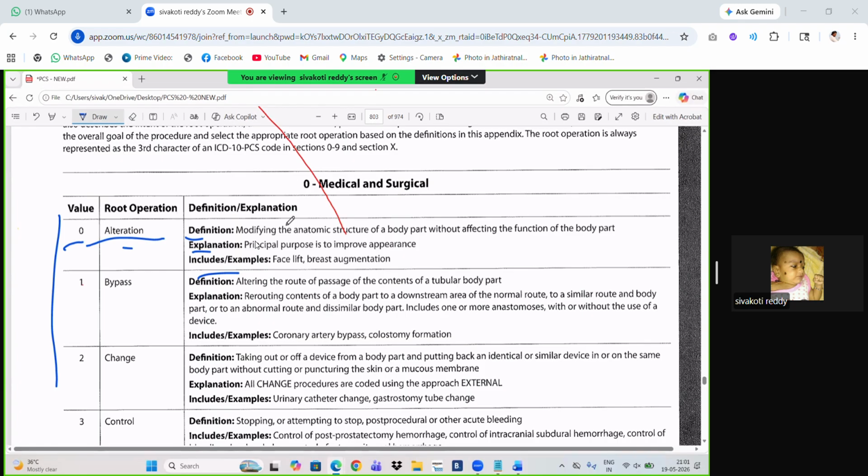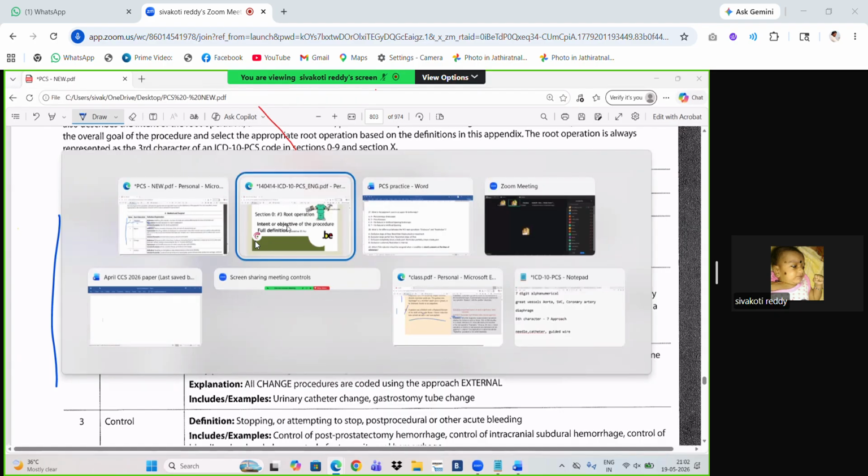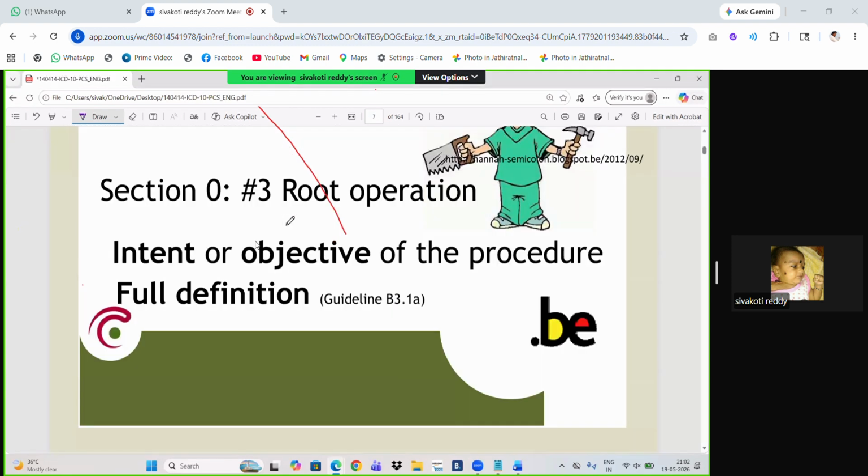But we can learn based on the similarity of each root operation, which is easier than learning sequence-wise. The 31 root operations are divided into 9 groups based on their similarity.